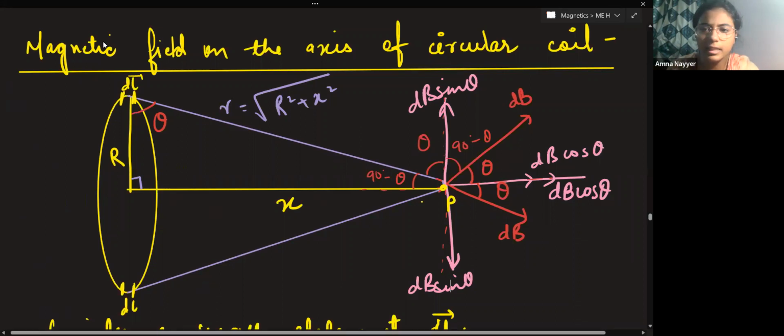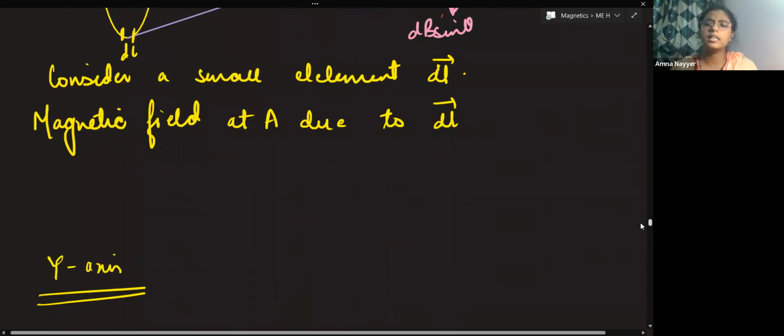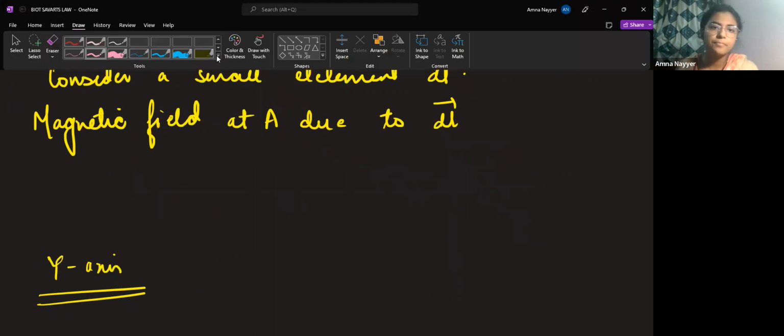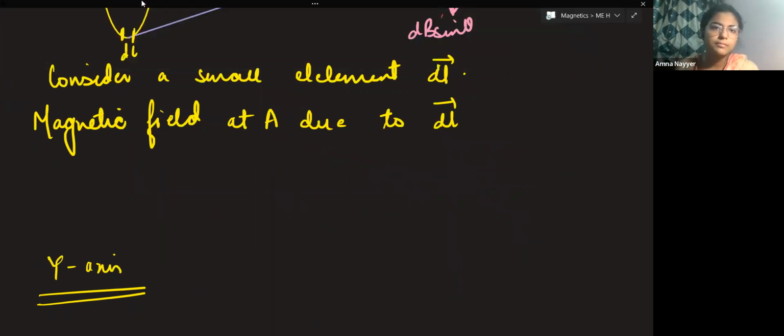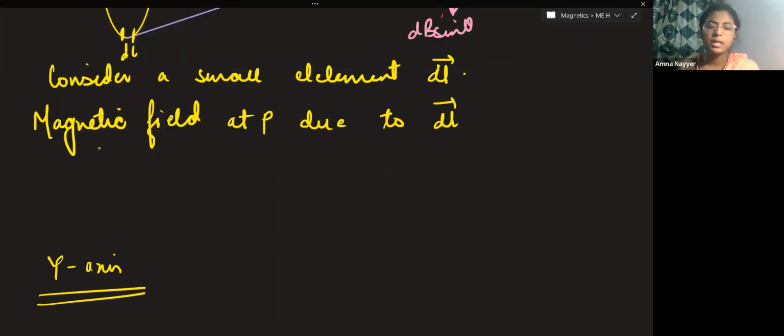dB sin theta has been, so see, let's say magnetic field across y-axis will be what? Magnetic field at the point due to dl, we are trying to find out.